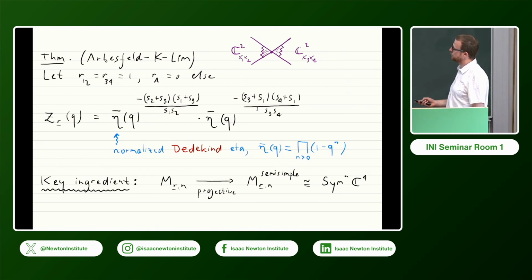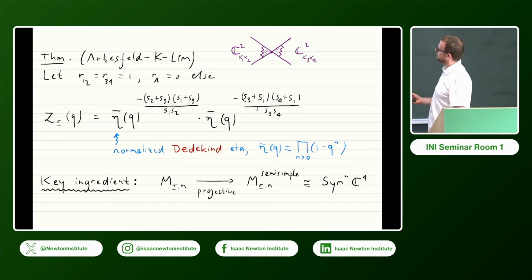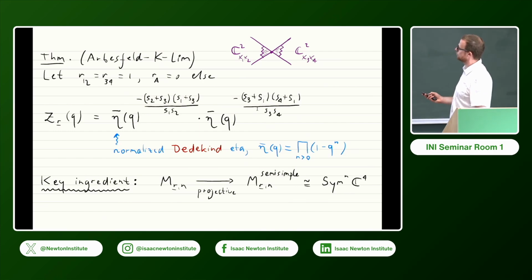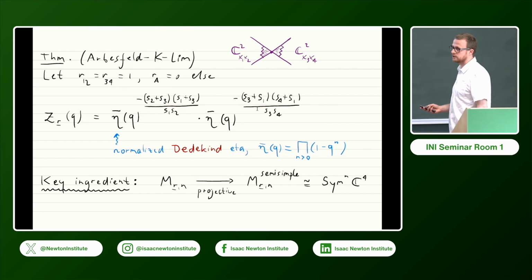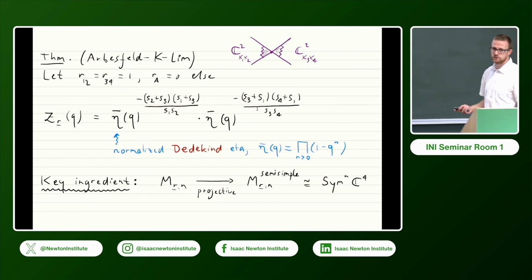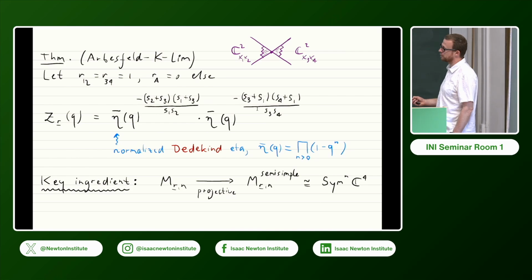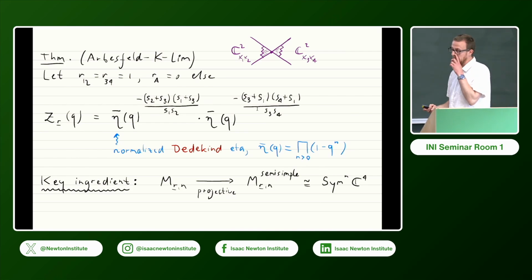It's eta bar of q to the power minus (s2+s3)(s1+s3)/(s1 s2), and then a second factor, the same to the power minus (s3+s1)(s4+s1)/(s3 s4). What is surprising about this formula is that it does not depend on the framing parameters. The framing parameters somehow drop out, and that allows us to find the closed formula.